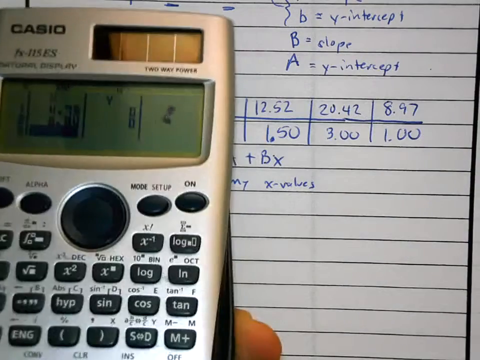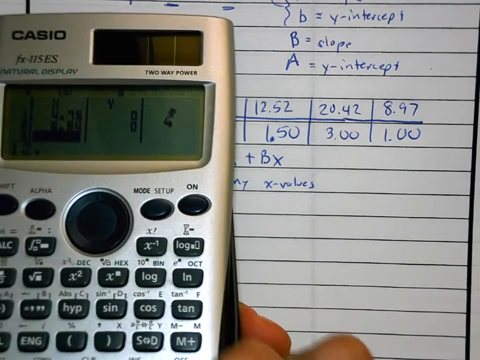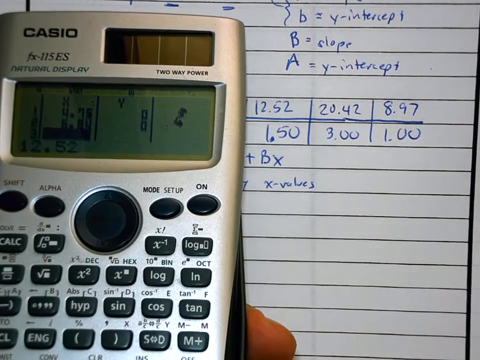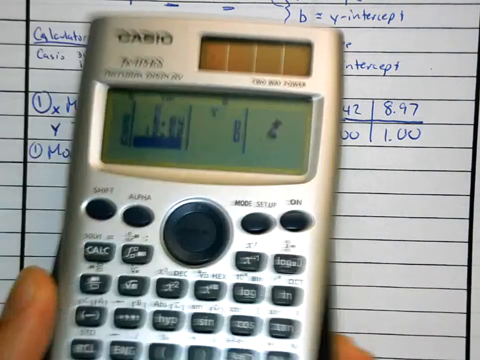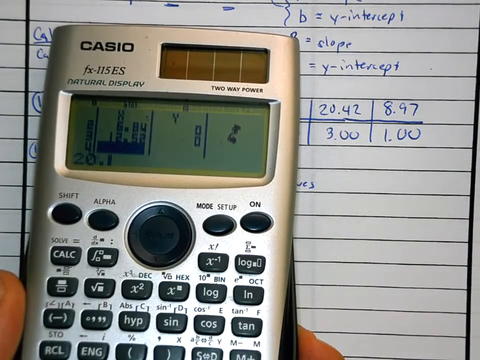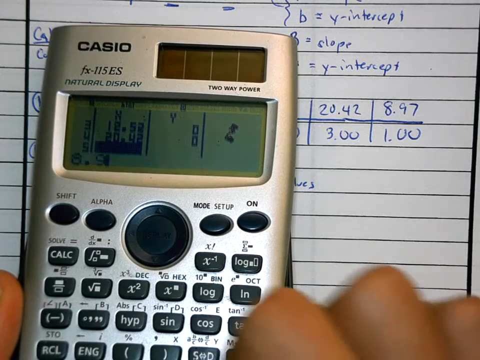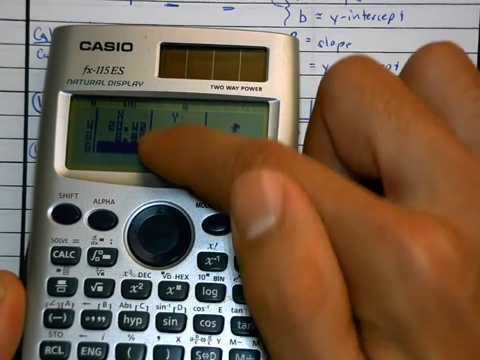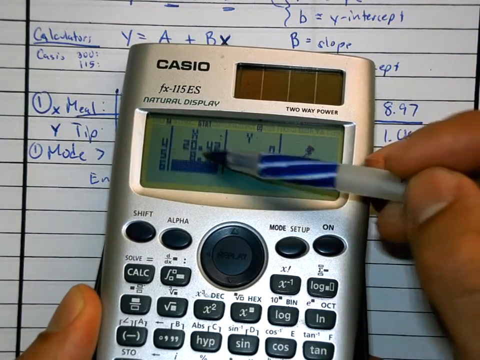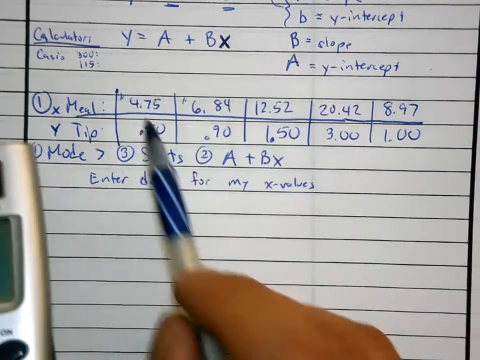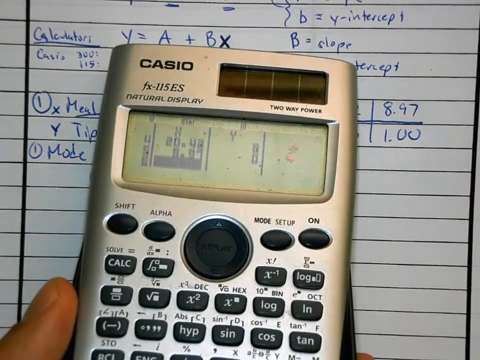Once I push 12.52, I press the equals button, and then it enters it in. Then I punch in 20.42, enter, 8.97, enter. And I look, and it tells me I have 5 numbers in, and does that match? 1, 2, 3, 4, 5. Is that what I'm supposed to have?